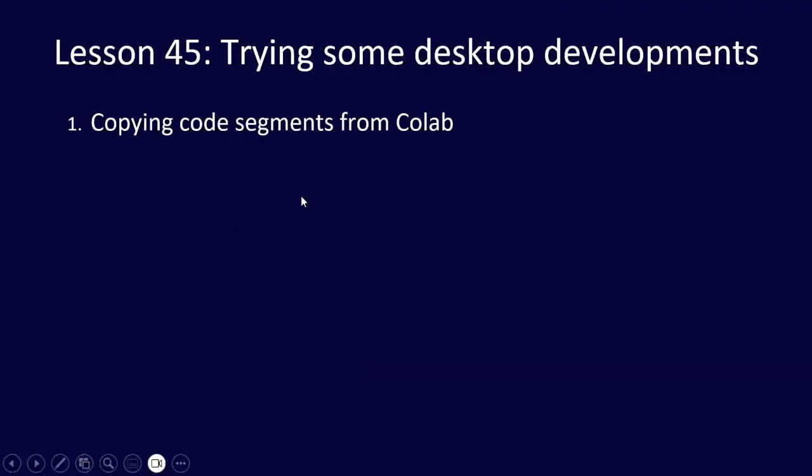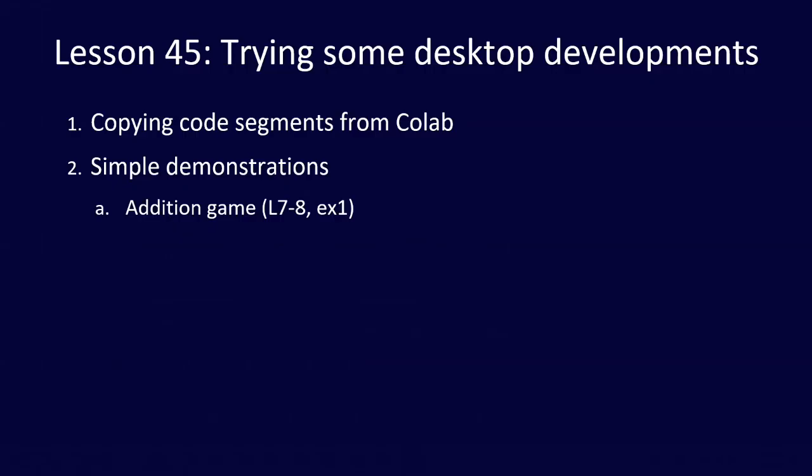Okay, so let's move on to today's work: trying some more desktop environments. Basically, most of the code we developed on Colab can be run in this environment. So let's check that by copying code segments from Colab. First, the adding game.